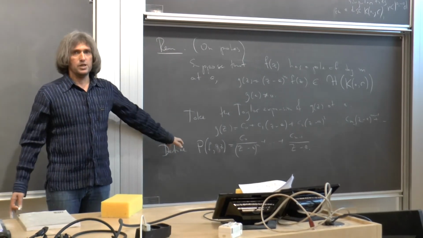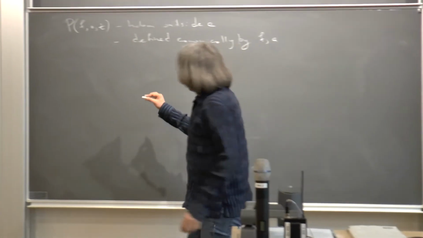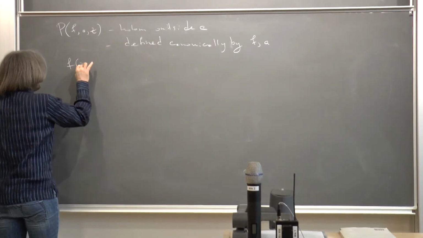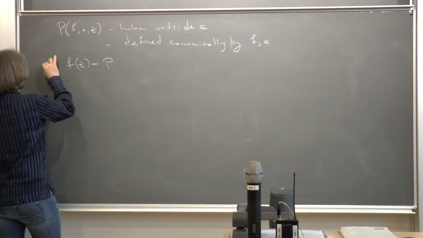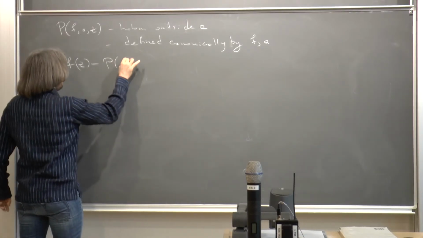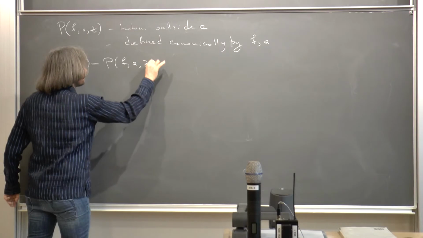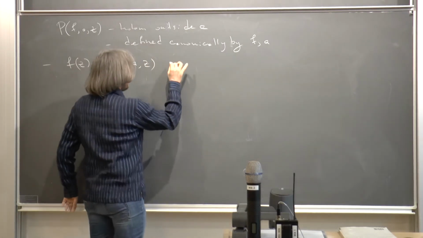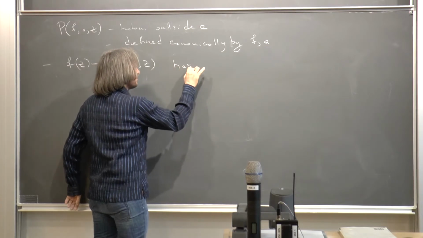We didn't make any choices. Now consider the function f of z minus the polar part of f at A. This is the last property: it has no pole, so it has a removable singularity.